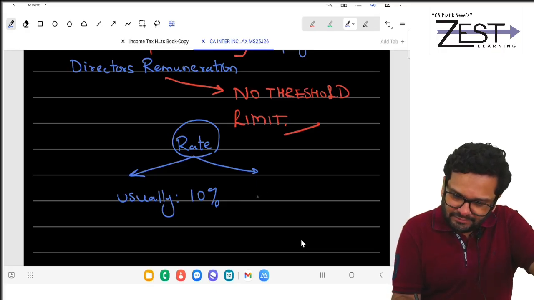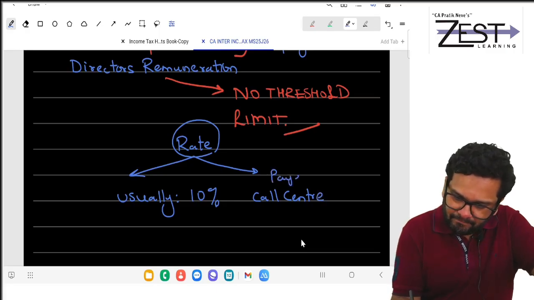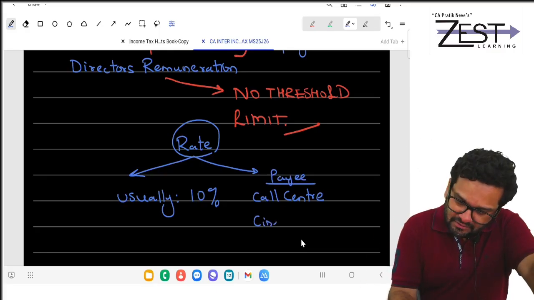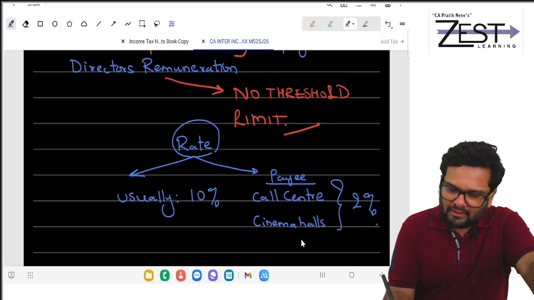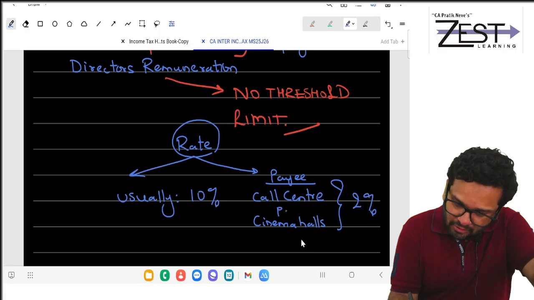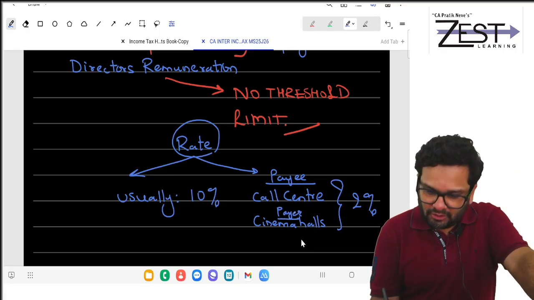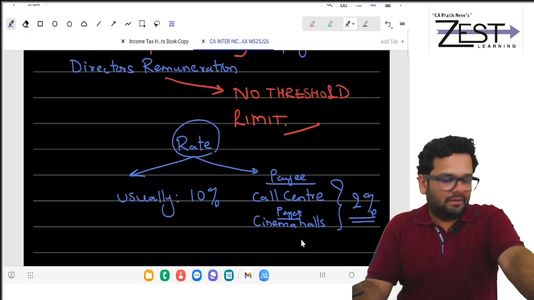And call center, payee is call center. Payee is call center or payee is cinema halls. Then payee, the payer is cinema hall for the royalty. 2%. 2% of what? That, of course, amount to be paid.